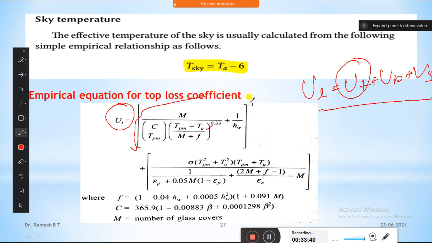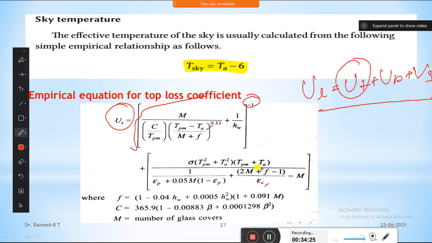So the root of all this, or you can write it as raised to minus 1, plus this term, plus, and here there is a sigma, into TPM square plus TA square, TPM plus TA, whole divided by epsilon P. Previously we discussed that epsilon P means the emissivity of the absorber plate, and epsilon C means the emissivity of the cover.